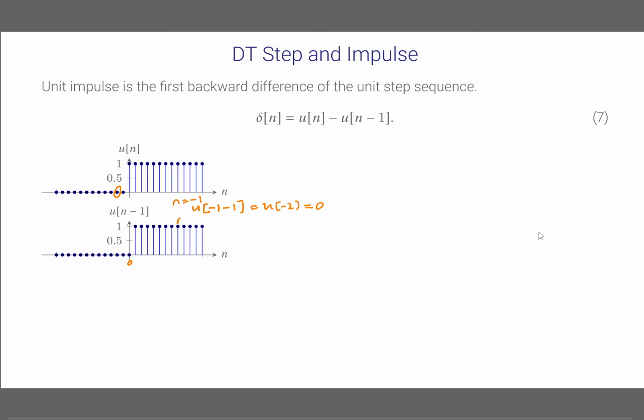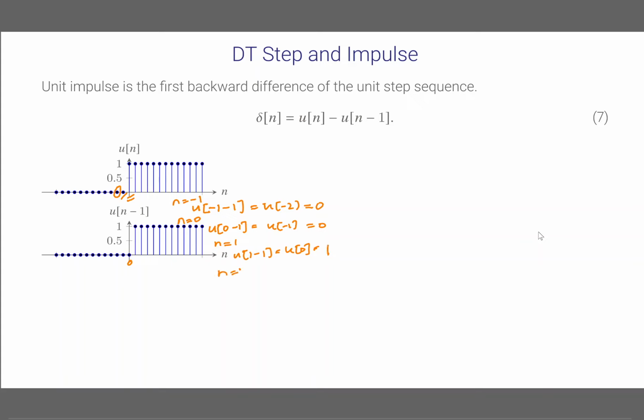Then for n equals 0, u[0 minus 1], which is u[minus 1], and we visit this signal and see, okay, u[minus 1] is equal to 0. When n is equal to 1, u[1 minus 1], that is u[0]. So we see u[0] is actually 1.